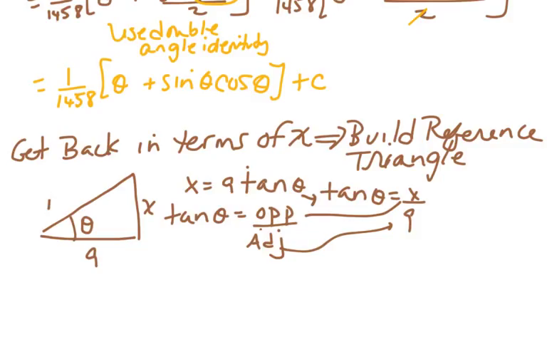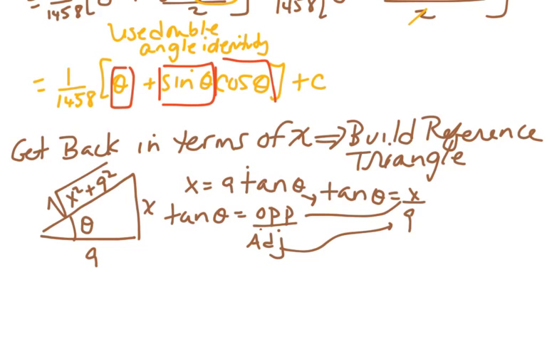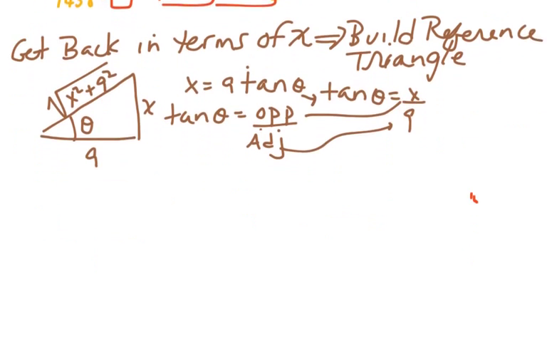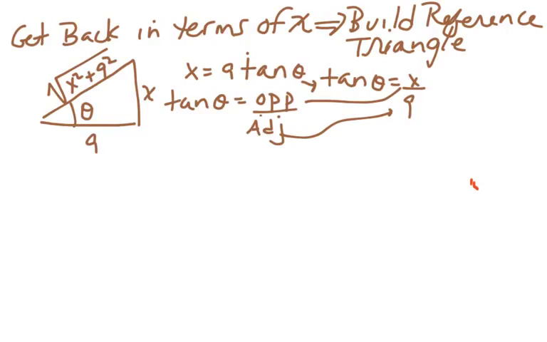So what we're left with is the hypotenuse, which is the root of x squared plus 9 squared. So I build a reference triangle based off of the substitution that we made, and I need to find the values for theta, sine of theta, and cosine theta in terms of x. So I'm going to just use my reference triangle and solve for them.